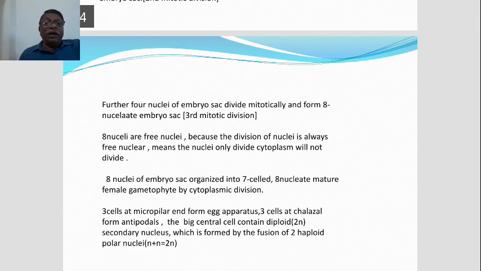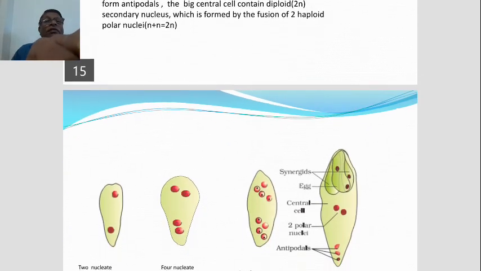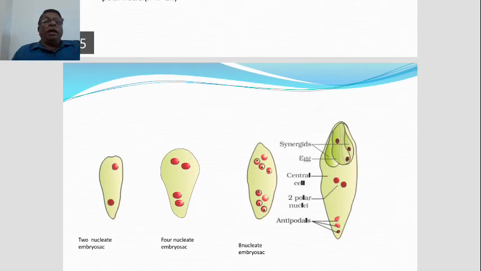The big central cell contains the diploid secondary nucleus or definitive nucleus, which is formed by the fusion of 2 haploid nuclei. So that is the development.